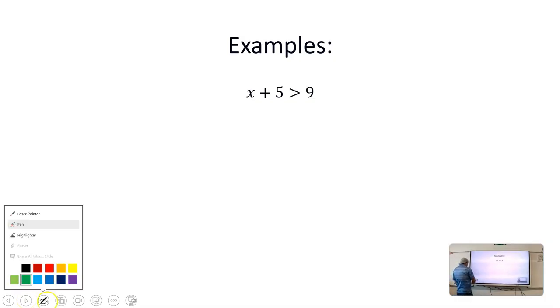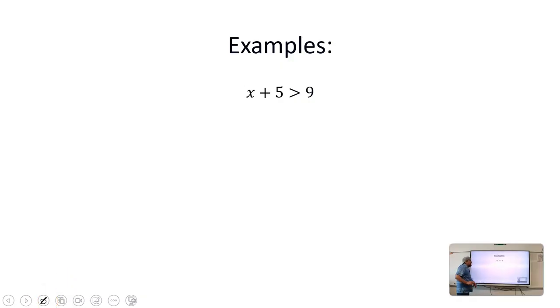So first we have x plus 5 is greater than 9. We have a plus 5. The inverse is a minus 5. And once again, you can picture this as two sides of an inequality or an equation. If I subtract 5 from the left side, I have to subtract 5 from the right side.